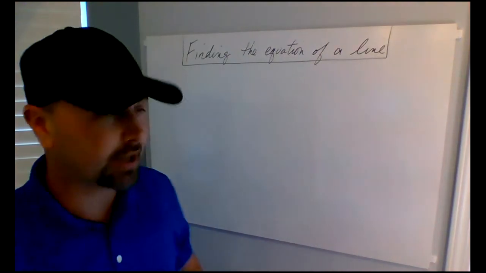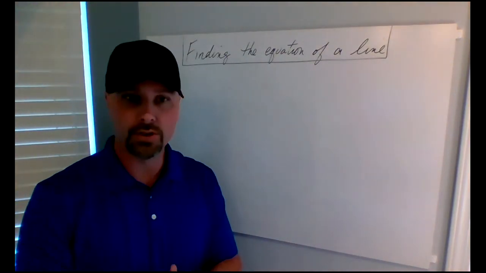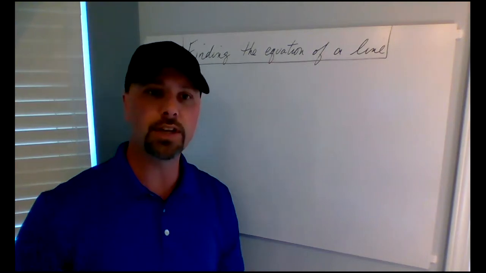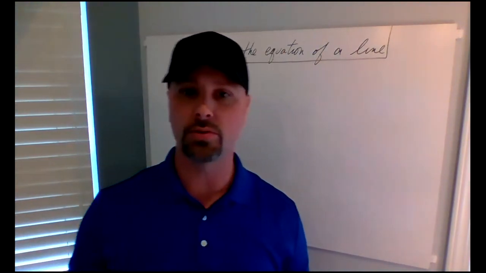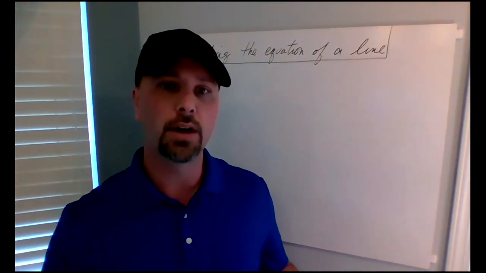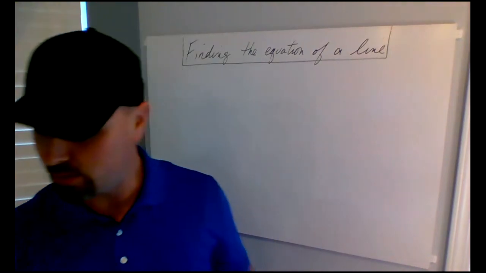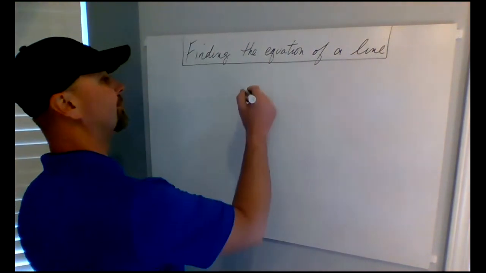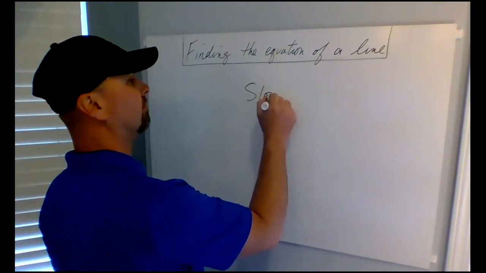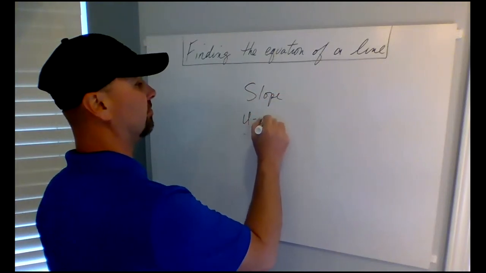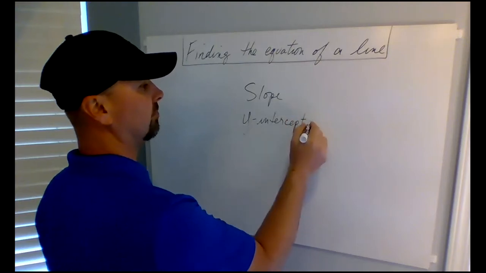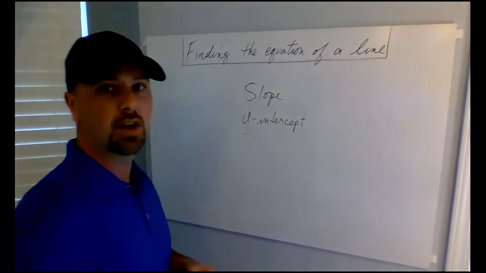All right, let's take a look at that. We start with a line, and we need to write an equation that goes with it. In order to do that, you need two things: slope and y-intercept.